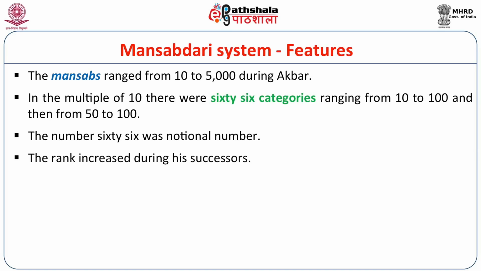The rank increased during his successes, of course, and this increase of ranks complicated the system. But there was no other option to increase the rank because the size of the empire was bigger in the second half of the Mughal Empire.